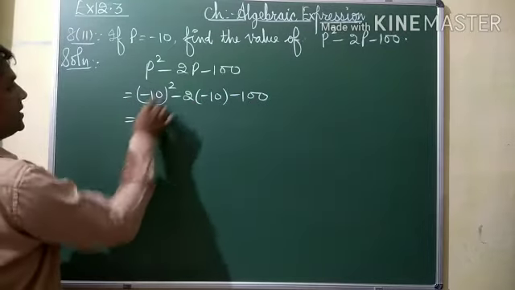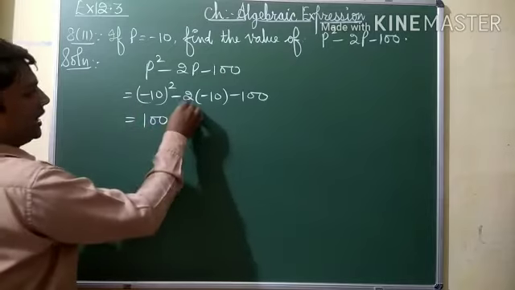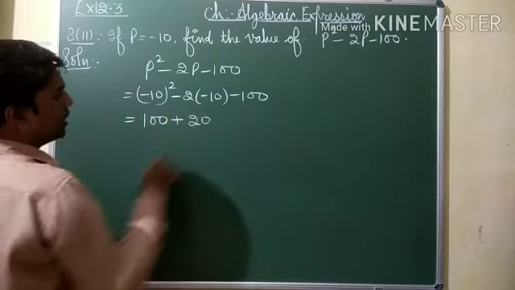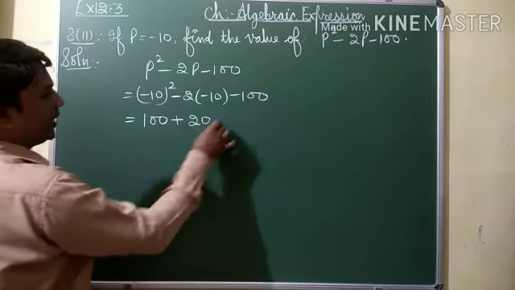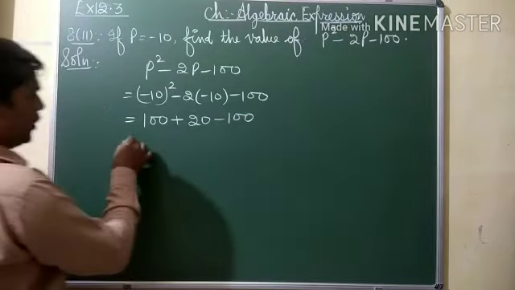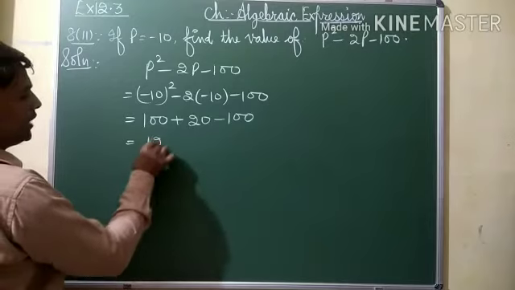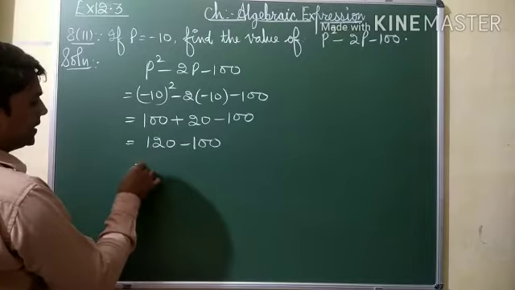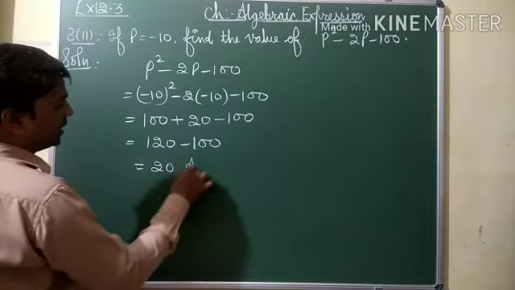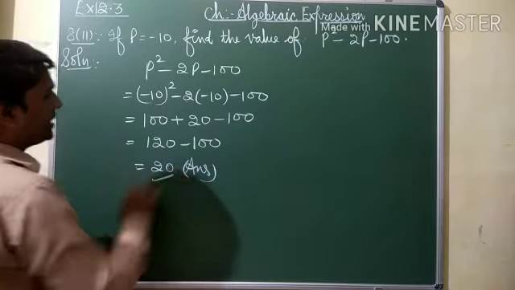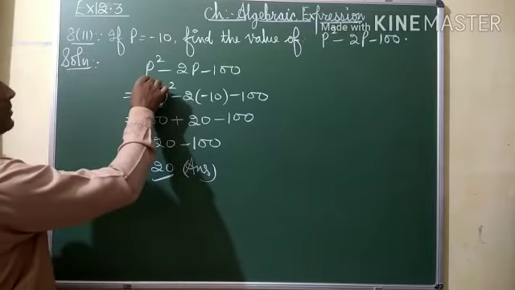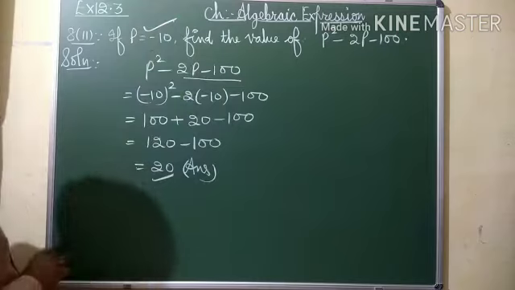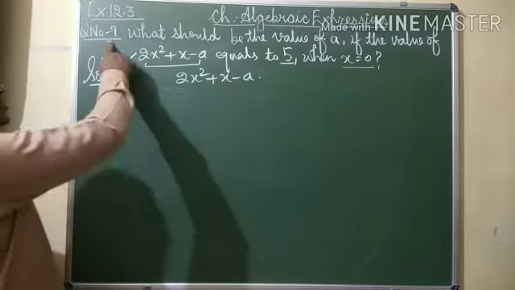Now minus 10 square is equal to 100 and minus 2 multiply minus 10 is plus 20. So it becomes 100 plus 20 minus 100. Now 100 plus 20 is equal to 120 and then minus 100. Now 120 minus 100 is equal to 20. Therefore, 20 is the required value of algebraic expression p square minus 2p minus 100 at p is equal to minus 10.